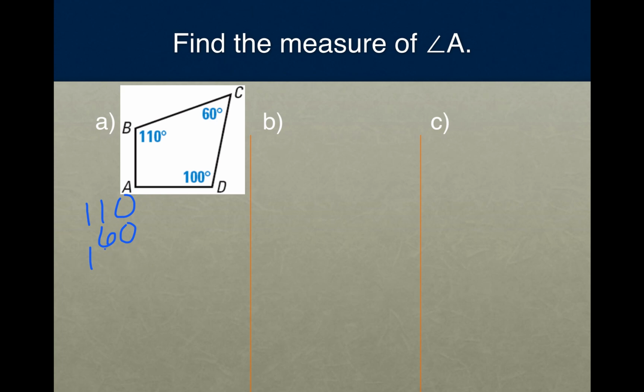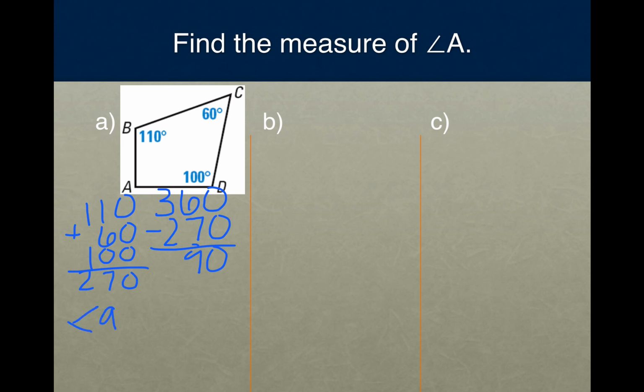There we go. 110 plus 60 plus 100 is 270. So the sum of my first 3 angles is 270. I need to find my 4th angle. I know that all 4 angles together have to be 360 degrees. So I'm going to do 360, my total angle sum, minus 270, the sum of my first 3 angles. That's going to give me the measure of my 4th angle. So 360 minus 270 is 90, meaning the measure of angle A is 90 degrees.